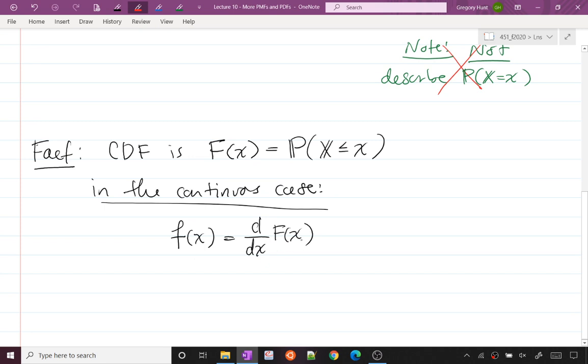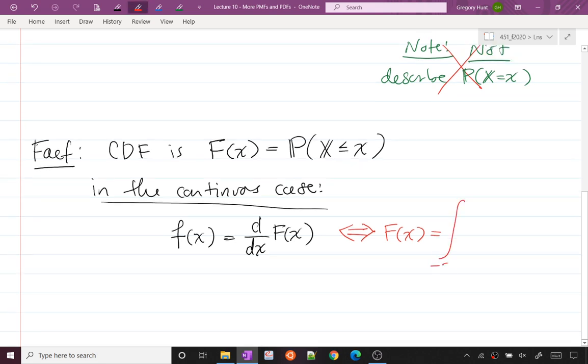And alternatively, in fact, the way we define the PDF in the continuous case is that the CDF, capital F at little x, is the integral from negative infinity to little x of f of t dt.